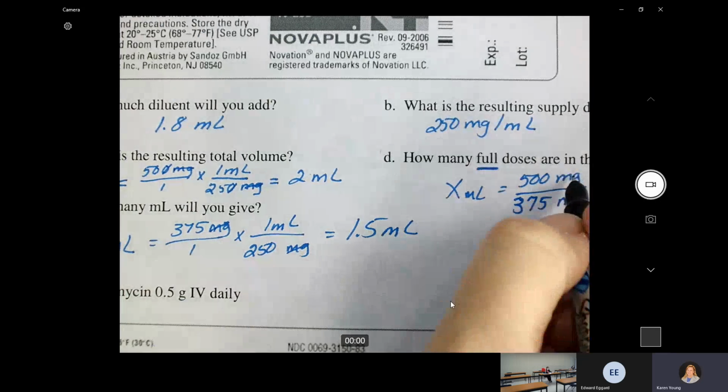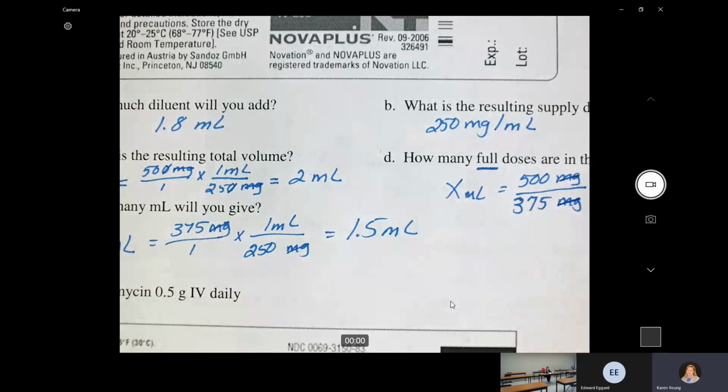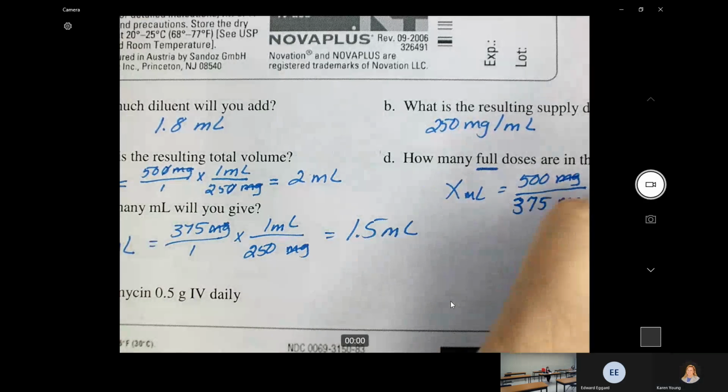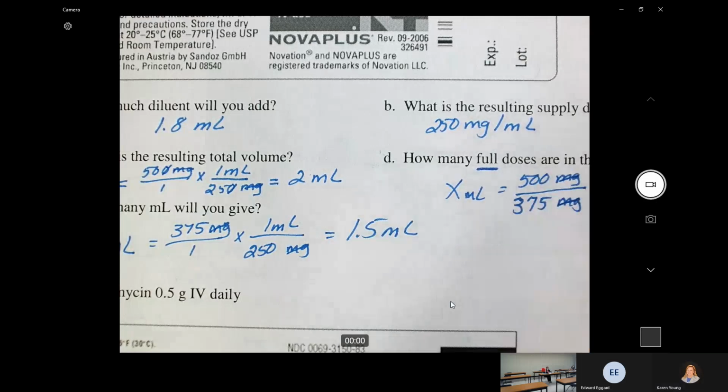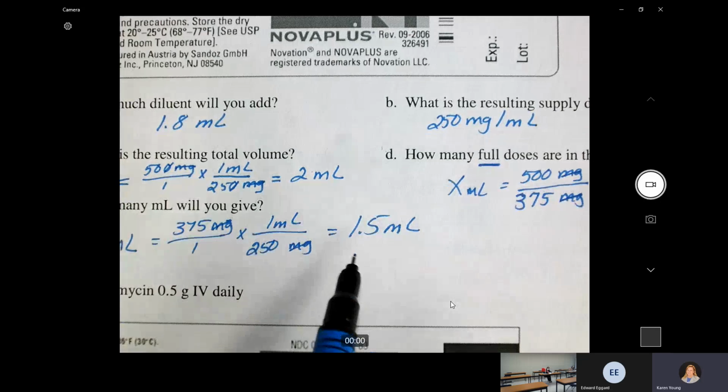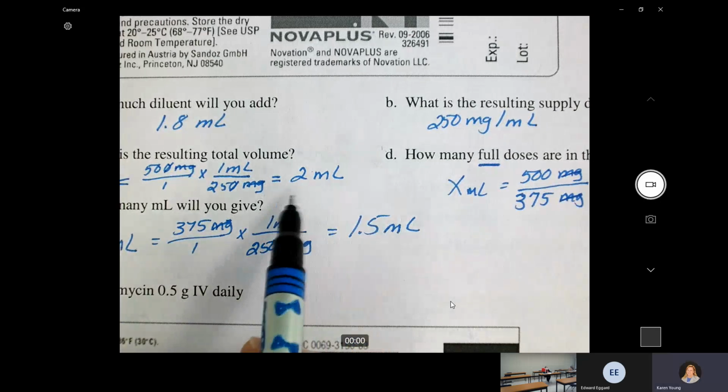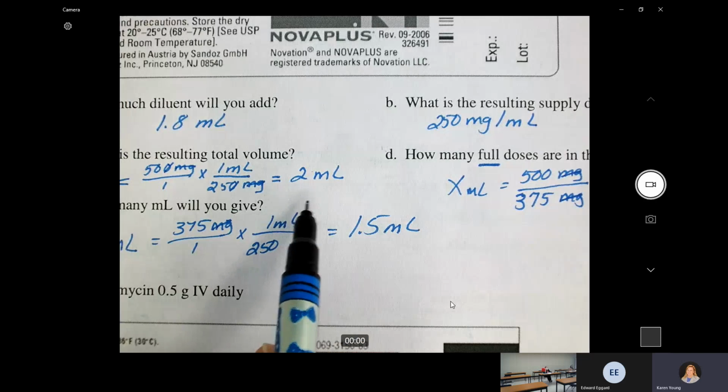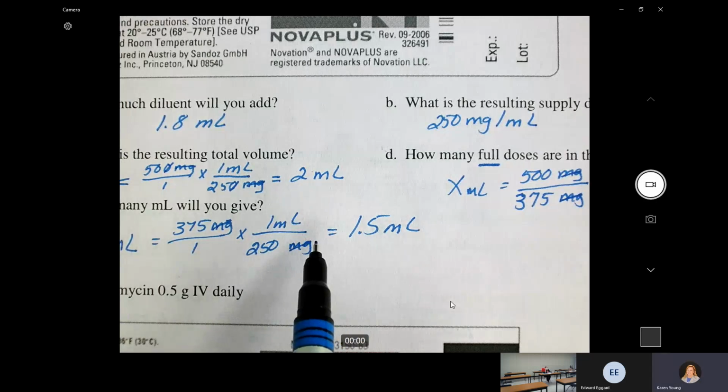I could almost look at that without doing the calculator. How many full doses am I going to have? 1. Could I also look at the 1.5 milliliters I'm going to give and the 2 milliliter total volume and know I'm only going to be able to give 1 dose? Yes.